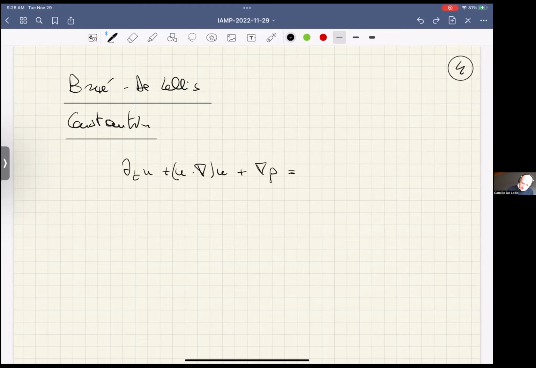So let me now put here nu, and here Laplacian of u, and then let me put an f over here, and then let me put divergence of u equals 0, and the initial data.